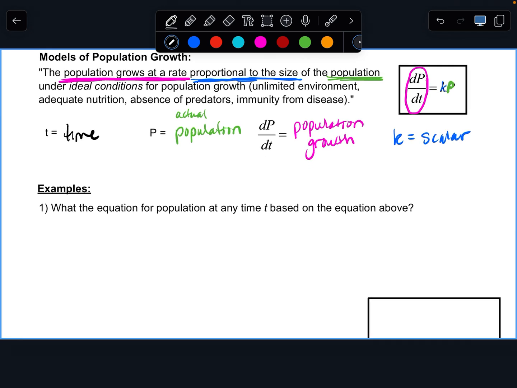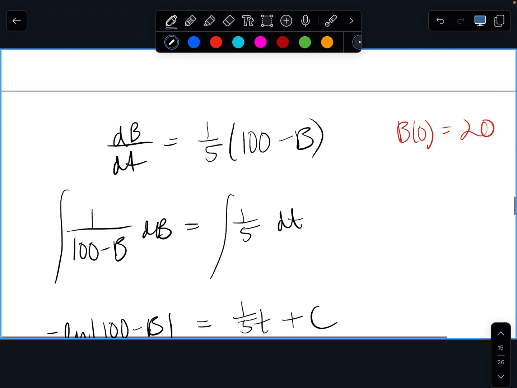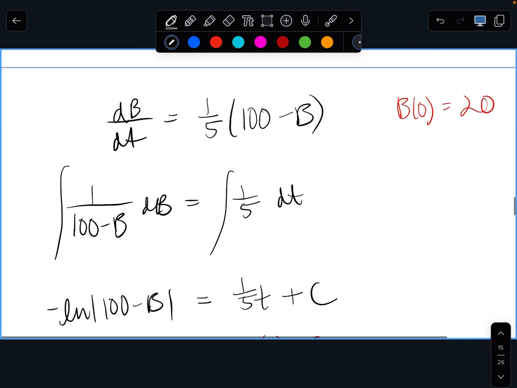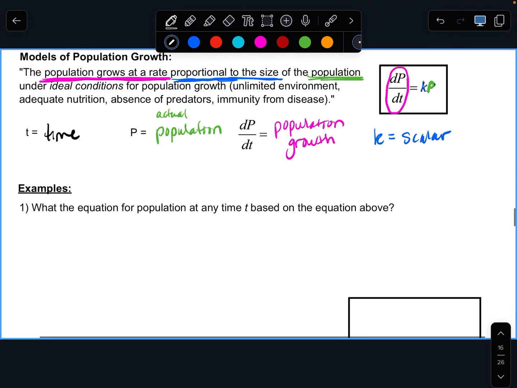Just like you did the bird problem right here, you're going to come up with a general equation for this population growth. It's almost like the formula is too easy, or too simple, it's hard, you know what I mean? But what you're going to do is separable equations.